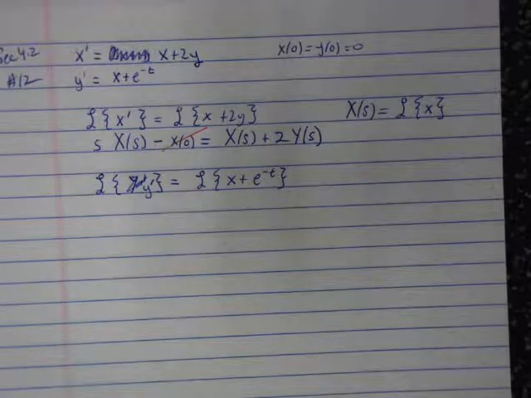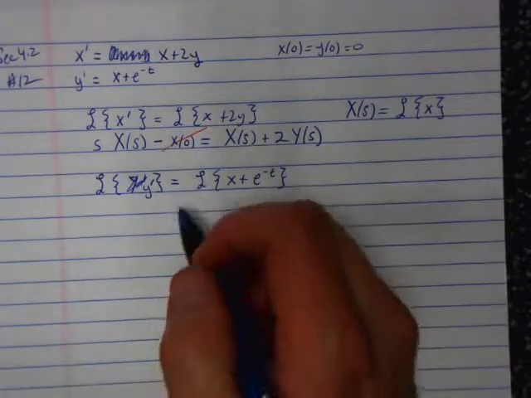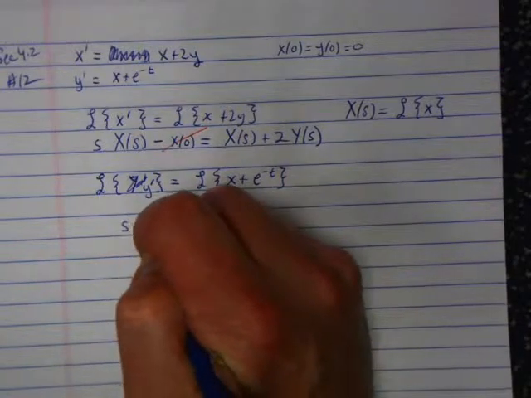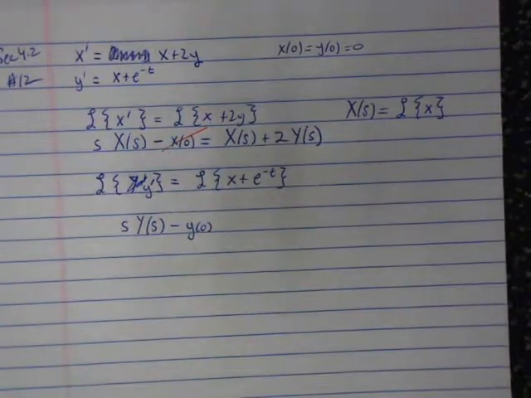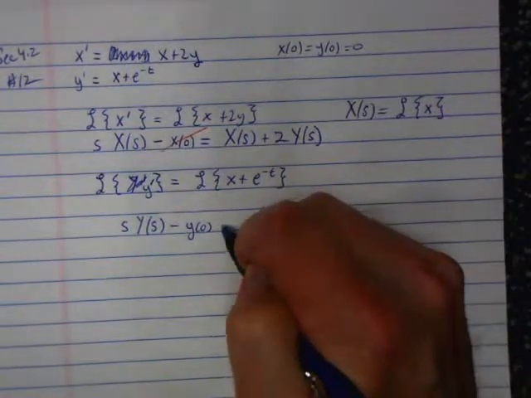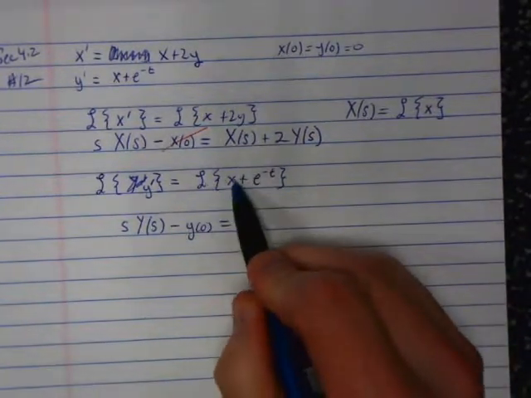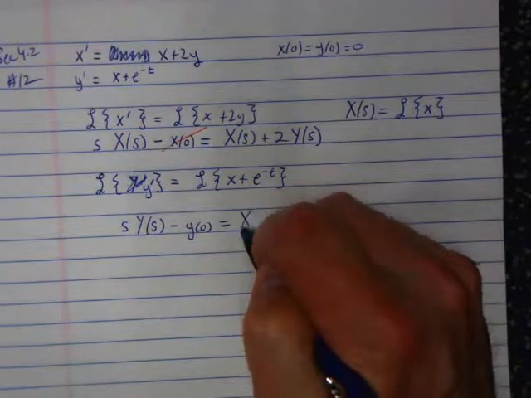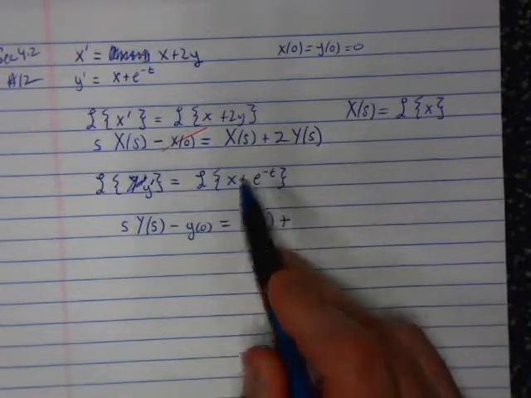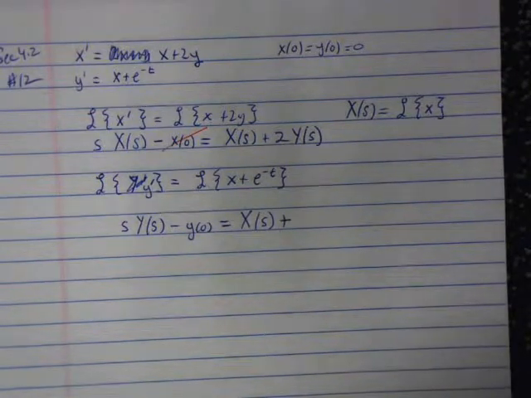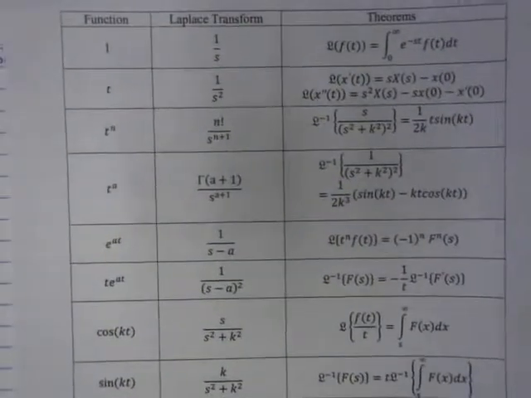What's the Laplace transform of little y prime? s big Y minus y at 0 equals, over here, the Laplace transform of little x, big X, plus the Laplace transform of e to the negative t. Get out my magic sheet of Laplace transforms.